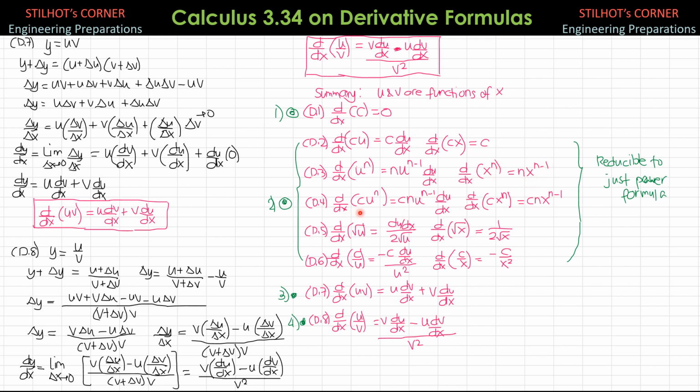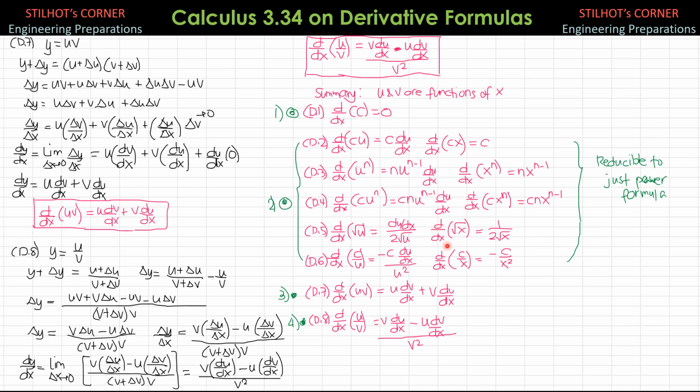D.4, derivative with respect to x of c u to the n is c times the derivative of u to the n by the power formula, so c n u to the n minus 1 du/dx. Derivative of c x to the n, therefore, you just replace du/dx by dx/dx, which is 1. So replace u by x: c n x to the n minus 1. D.5, derivative of square root of u is du/dx over 2 square root of u.